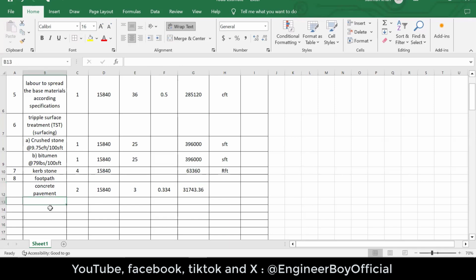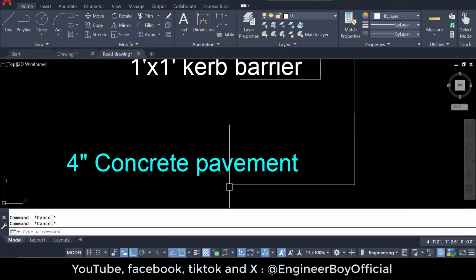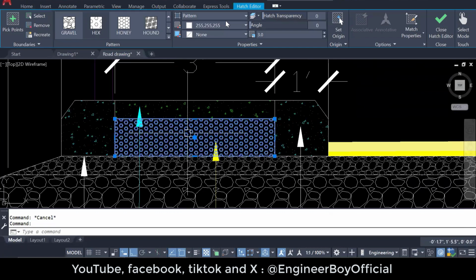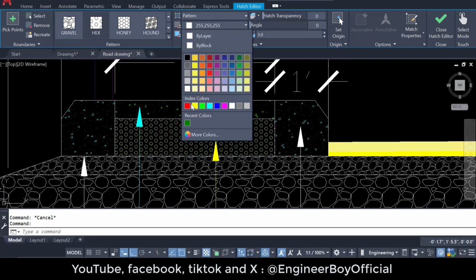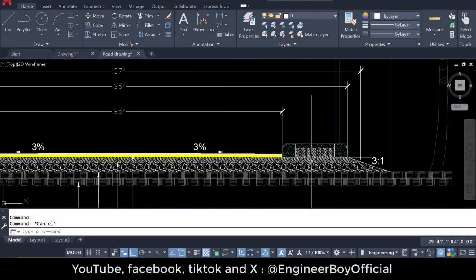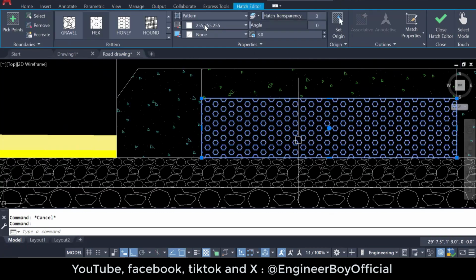Now, another thing which we have actually is the brick ballast. And that is just below of this pavement. You can see it. This is just brick ballast. Let me just color it red so you guys can see it. This is just the brick ballast, okay, on both sides. So in number, it should be 2.